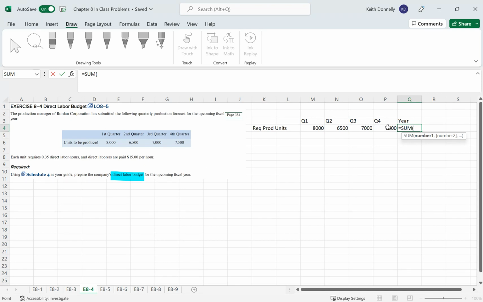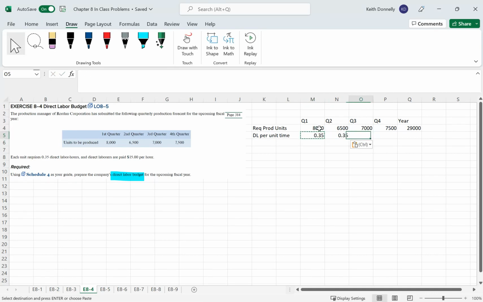For the year, we add them across, 29,000. Just plugging in information there, nothing too difficult. Now per unit, it says direct labor hours per unit, it's going to be 0.35 hours across the board.